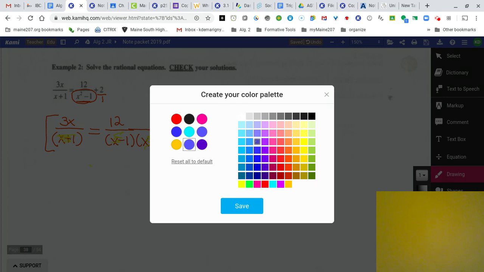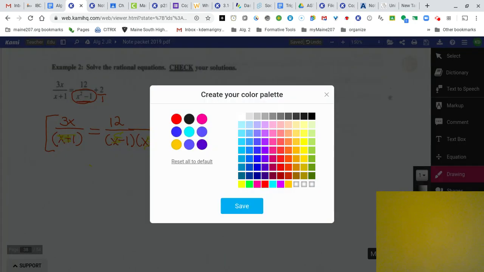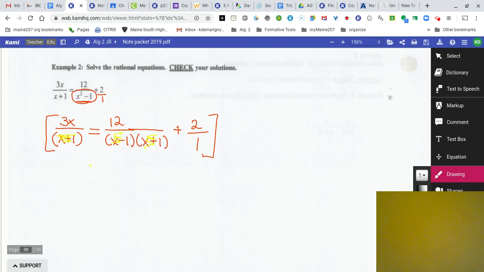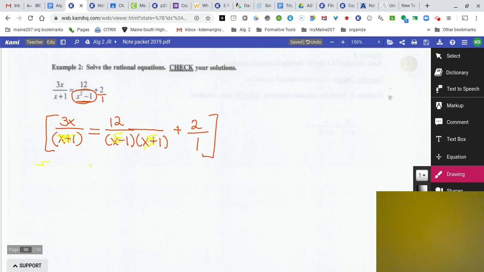All right, let's put a pretty blue in there. I still don't think that that did what I wanted it to do. I want it to be red. How about that? Reset to default. I don't want it to be yellow. I'll just do blue if I have to. Whatever. Here's red. Oh my.